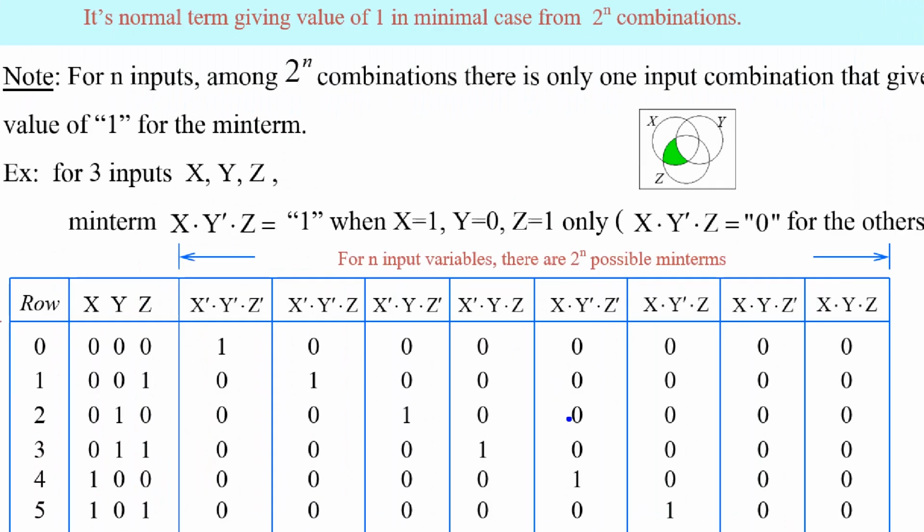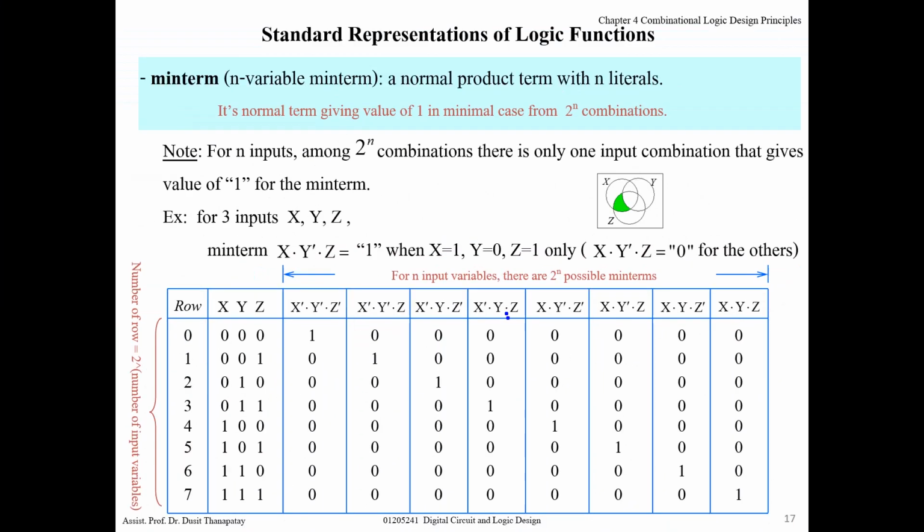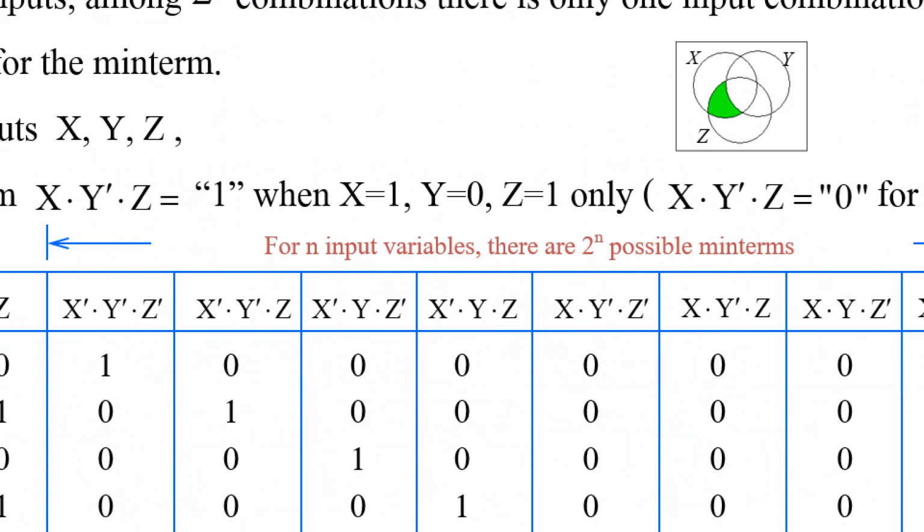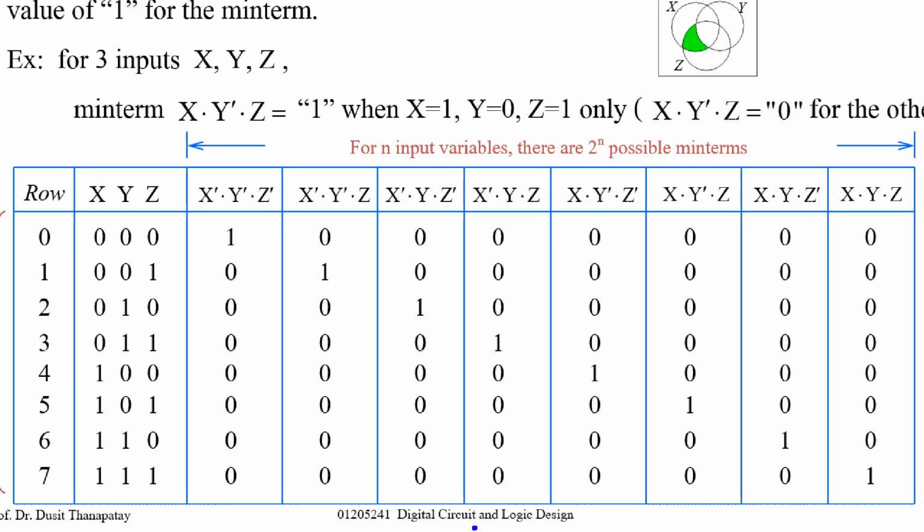So the minterm, you might write in the normal product term with n literals. N means all input variables. This is very important. And this chart just shows you some possible minterms for 3 input variables. For example, X prime, Y prime, Z prime. This term is a minterm.